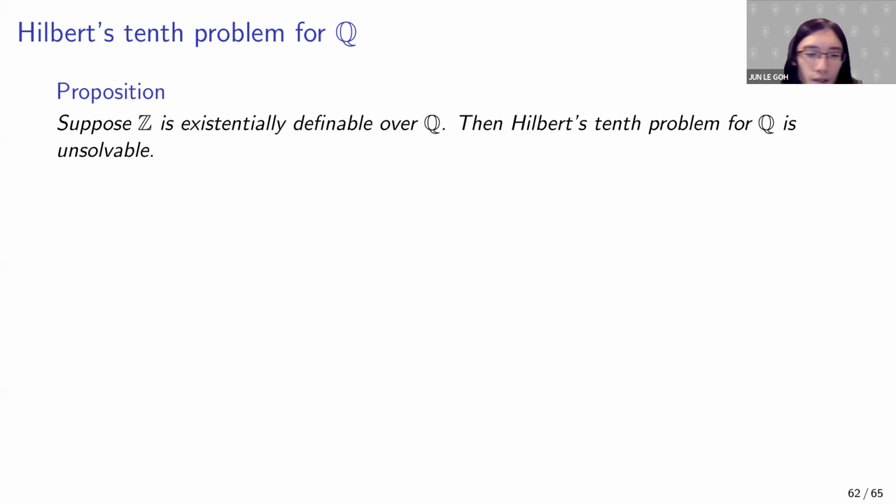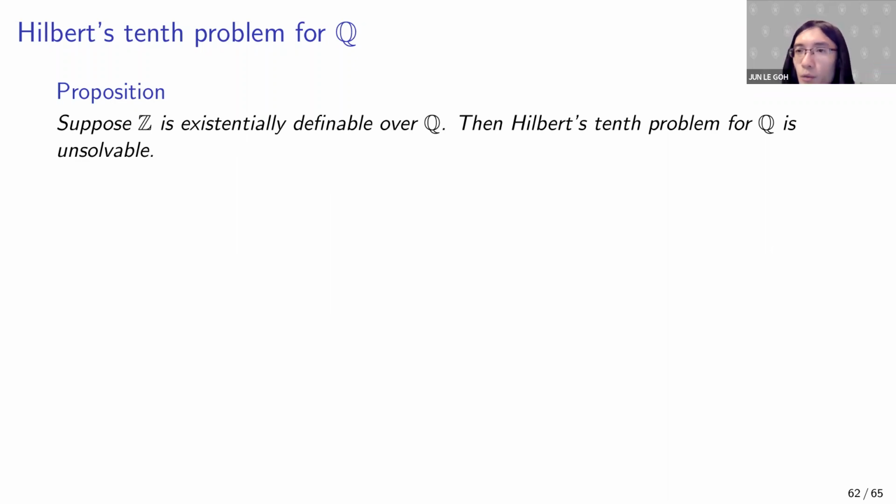I mean that in the structure Q, there is some existential formula, a formula that only involves existential quantifiers and no universal quantifiers, which defines Z. This formula is going to be true for all of the integers, and it's going to be false for all of the rational numbers that are not integers.